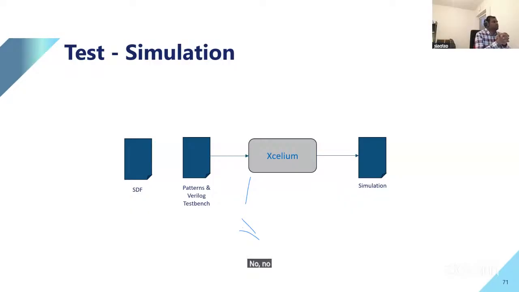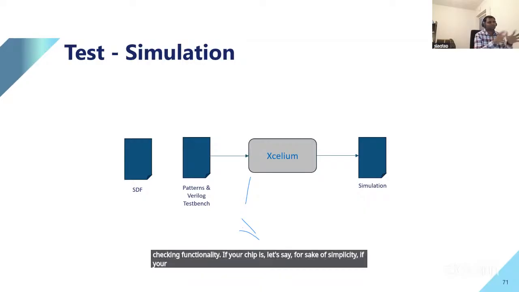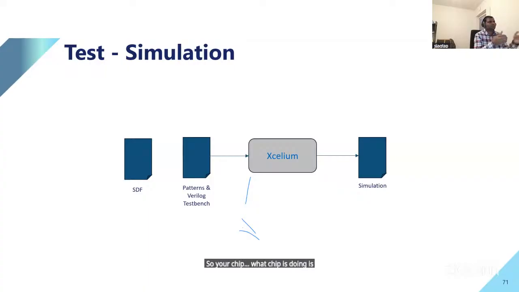No. Functional verification first. When your functional verification is good enough, you go for synthesis. In synthesis, you insert DFT. So first, functional verification is actually checking functionality. For the sake of simplicity, if your chip is only SPI, what your chip is doing is basically respecting the SPI protocol, reading, sampling data properly, storing data in FIFO, and transmitting that data.